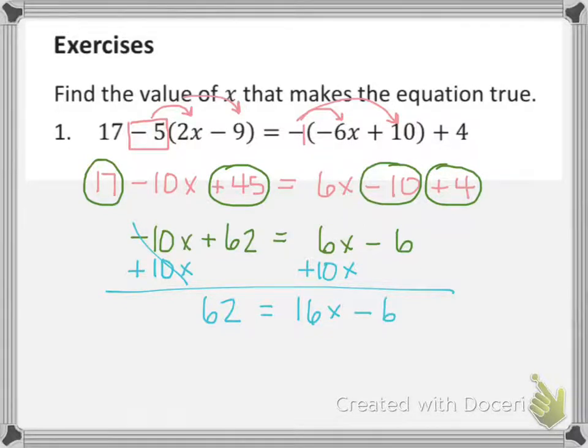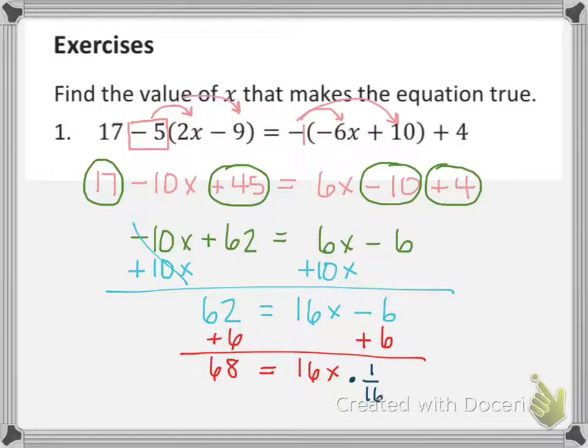Now we've got all of our variables on one side, and we can start to isolate the variable. And we'll do that by undoing the subtraction with addition, add 6 to both sides. That gives us 68 is equal to 16x. And then finally, I'm going to multiply by the reciprocal.